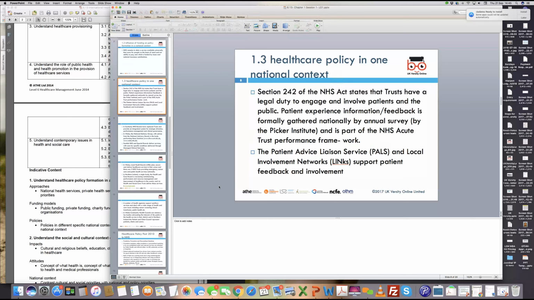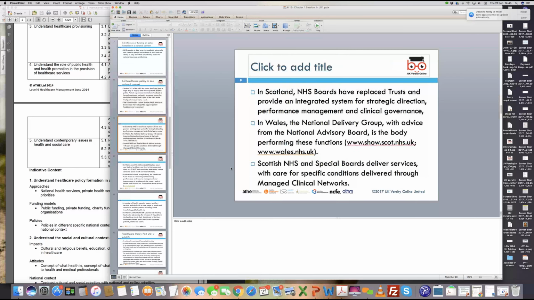Okay. Now, similar is the structure when we look at Scotland, because we've gone through the chart. Obviously, what they've done is they don't call it the Primary Care Trust (PCTs). They call it the NHS boards. So in Scotland, because it's the devolved government, they get the budget from the Parliament, and they prescribe some part of that budget to go to the NHS for providing these services to people in Scotland.